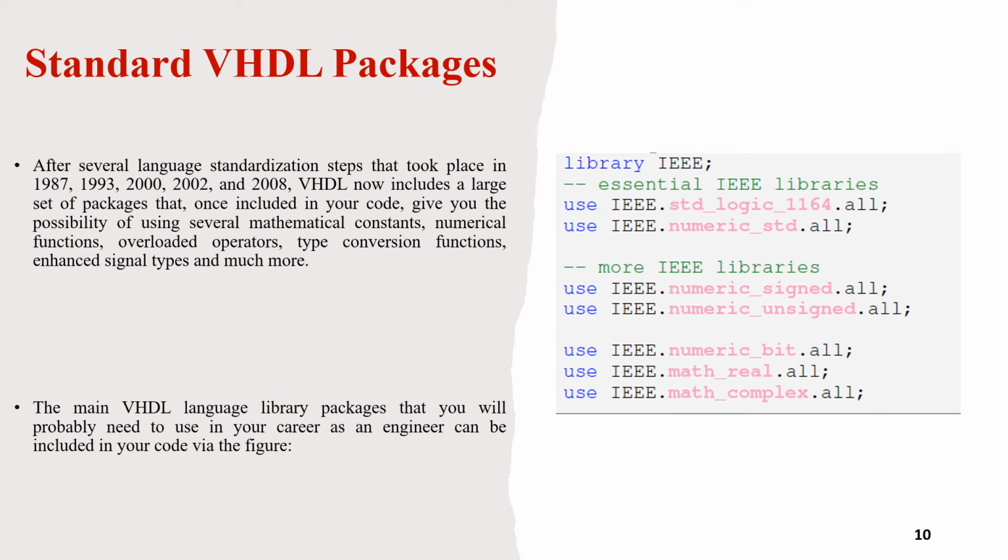And the main VHDL language library packages that you will probably need to use in your work, as shown in the figure, include STD logic 1164, numeric STD, numeric signed or numeric unsigned, numeric bit, and math real or math complex.